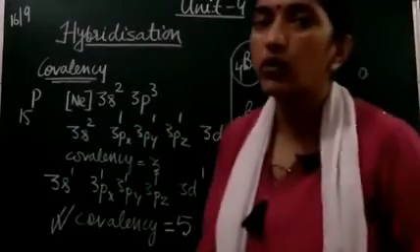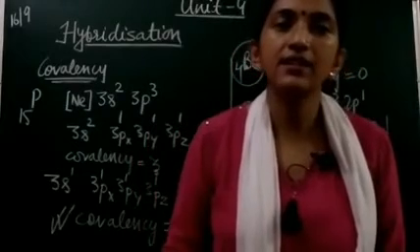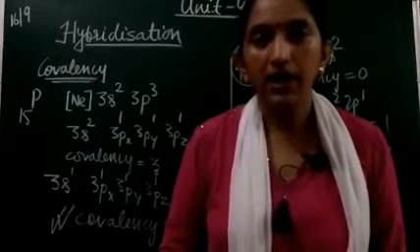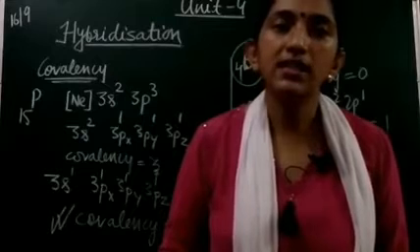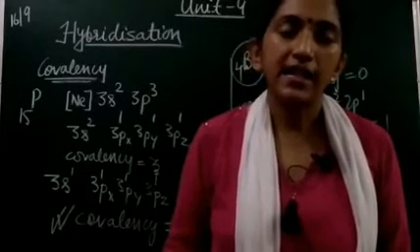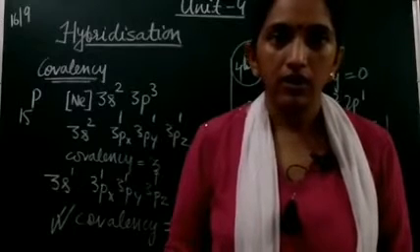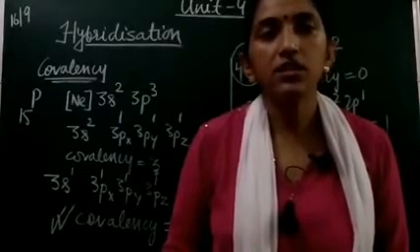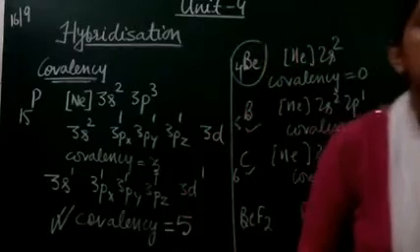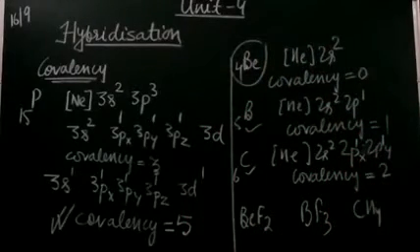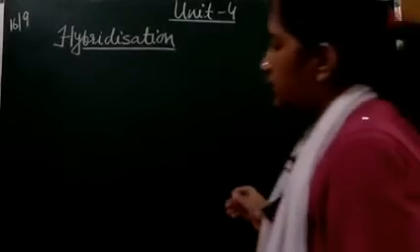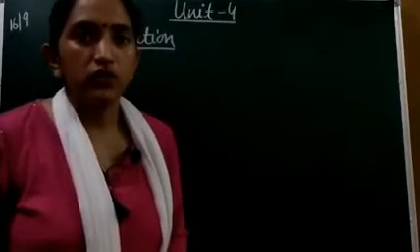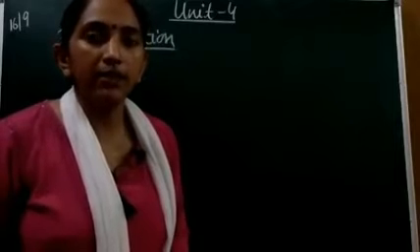Hope this is clear to you. What is covalency, students? Covalency is the number of half-filled atomic orbitals in an atom, and the maximum covalency we can determine by excitation of the valence shell electron to a subshell or an orbital which is available and empty. Now, next we are going to discuss hybridization. Hybridization is the intermixing of the atomic orbitals of an atom or an ion so that redistribution of energy can take place.